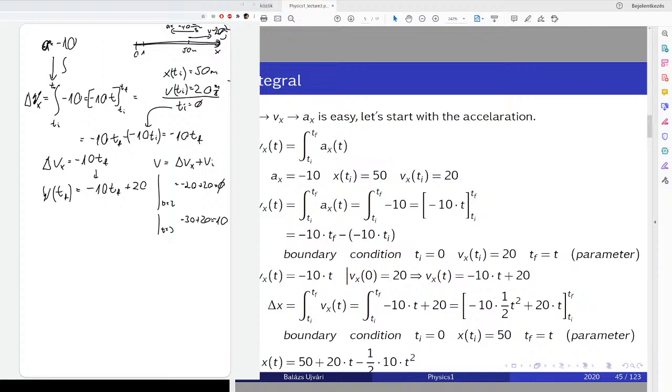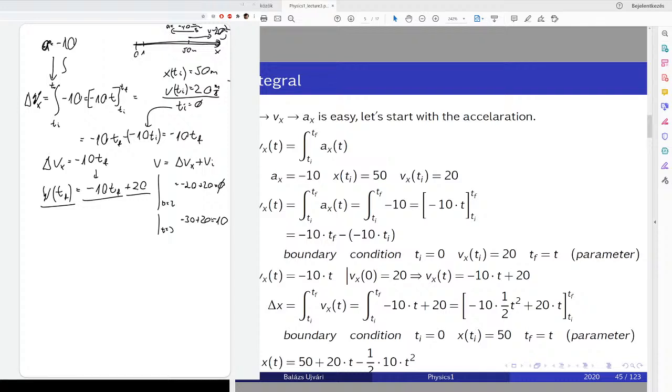So if I know the delta v and the initial, I can have the correct function of the v. Let's say at the very beginning I don't want to say whether I want to check the speed at t equals 0 or t equals 2.